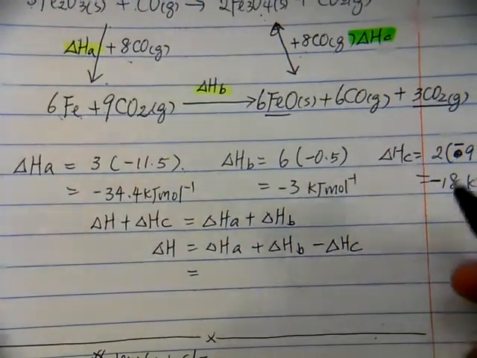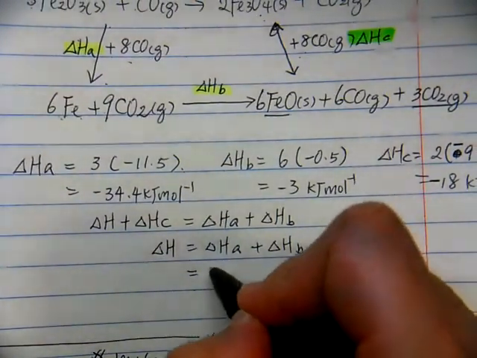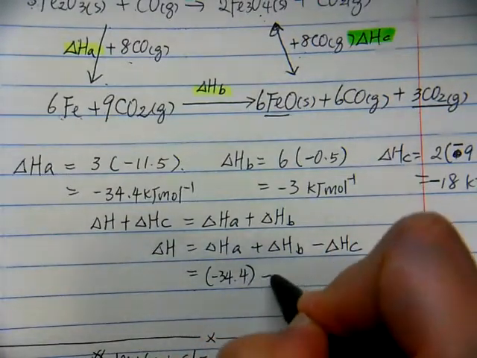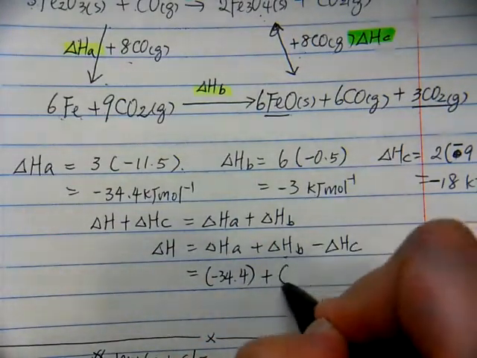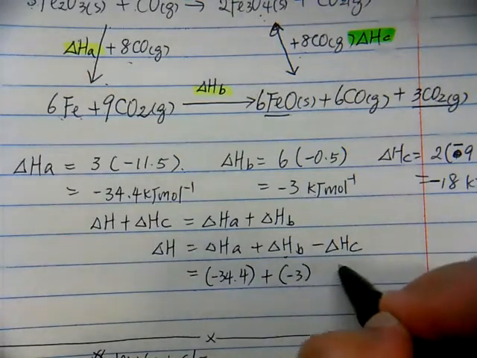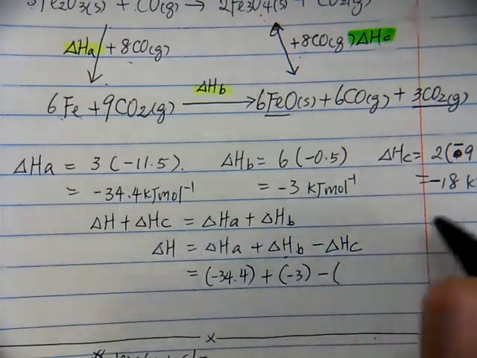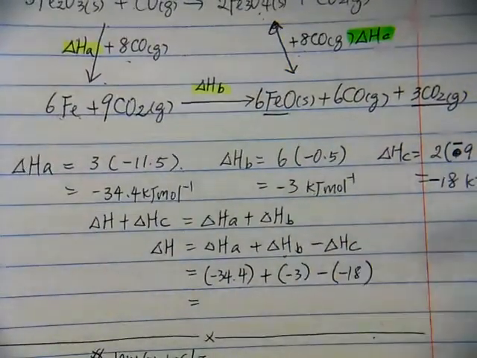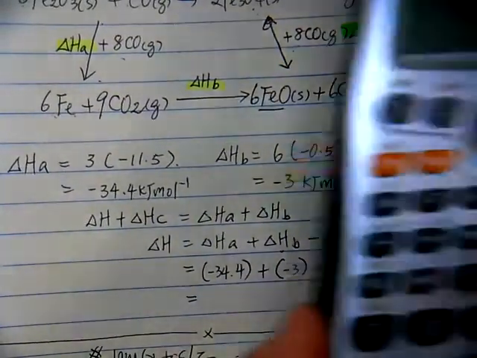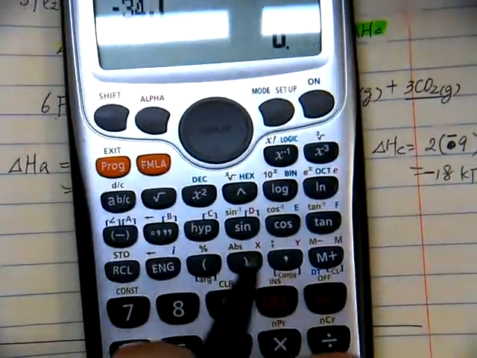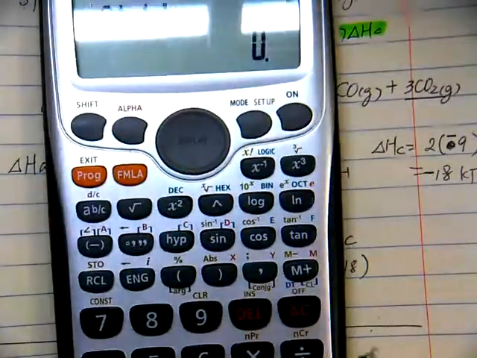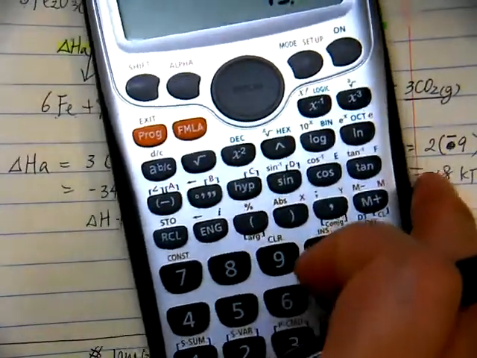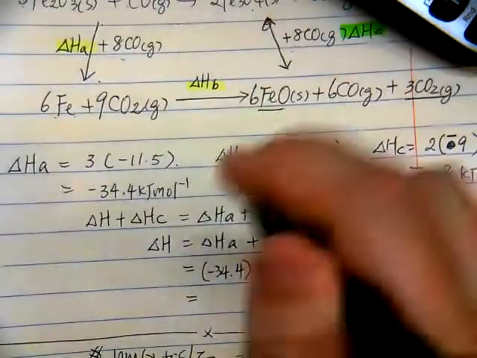Now, finally substitute all the data into the equation. 34.4 plus -3 minus 18. So the answer is -19.